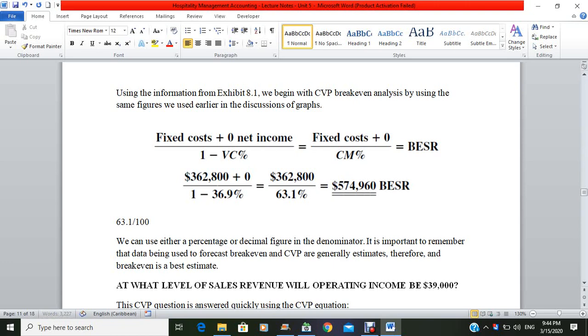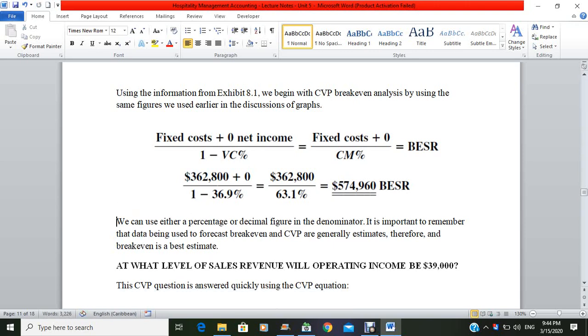You divide 63.1 by 100, and that equals 0.631, and then you divide the 362,800 by 0.631, and you get 574,960. And that would give you your break even in sales revenue. We can use either the percentage or the decimal figure in the denominator, right?